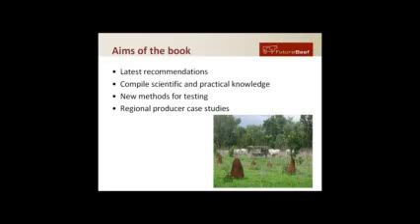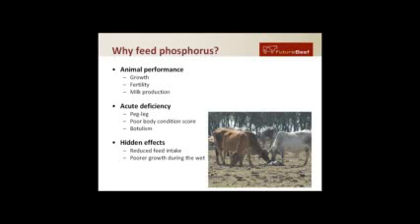There's also been a new method for testing phosphorus, that being fecal phosphorus testing in conjunction with NIR quality analysis. And we also wanted to include regionally specific producer case studies where previously the case studies seemed to be concentrated in specific areas. We wanted to have case studies from quite a number of different regions so that they would have local relevance for producers in those areas.